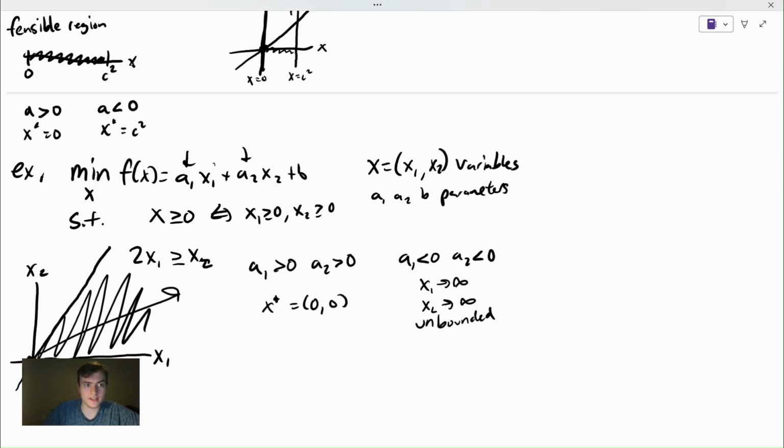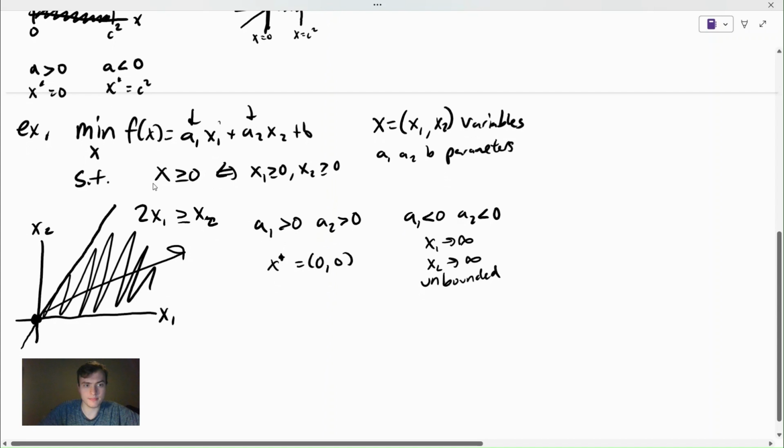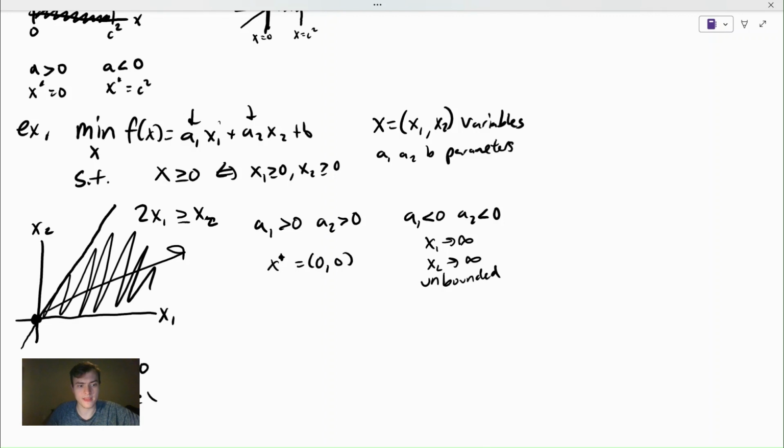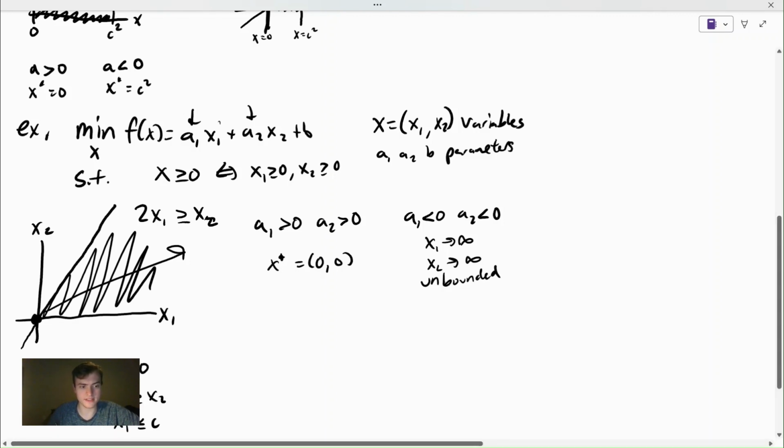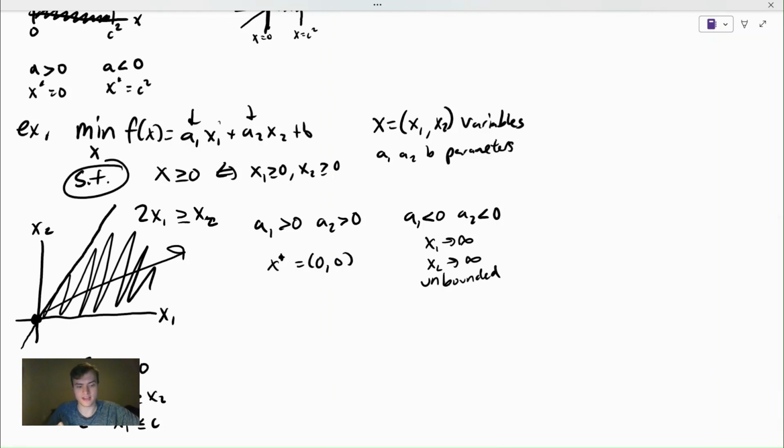Sometimes it's unbounded. Now we can convert this into a bounded region by adding a third constraint, right? So our constraints could be x greater than 0, 2x1 less than x2, and then we could have x1 less than or equal to c, right? Those would be our three constraints that we write in the such that, right?